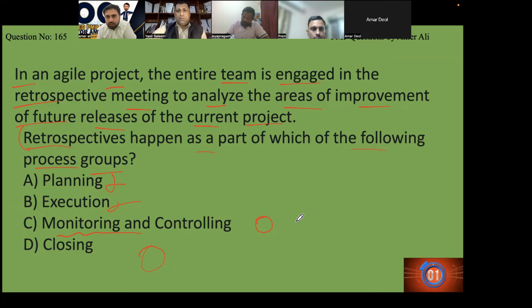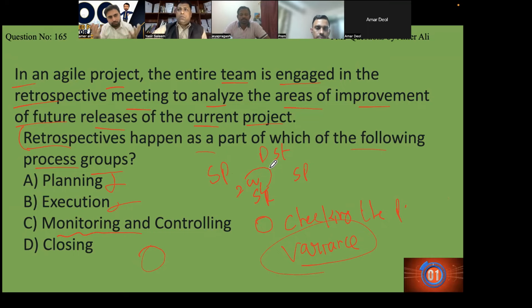Guys, monitoring and control is basically checking the process, progress, doing variance analysis. But if you look at the Scrum framework, sprint planning, daily stand-up, sprint review, and sprint retrospective. Two weeks, and that's it.